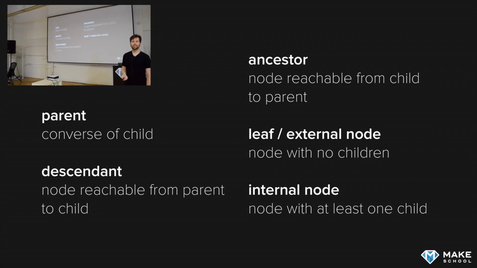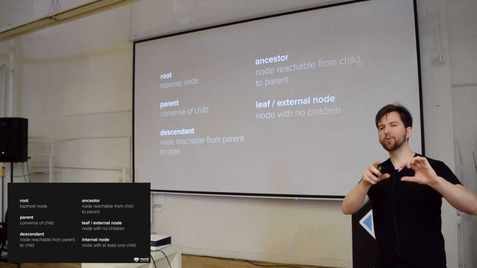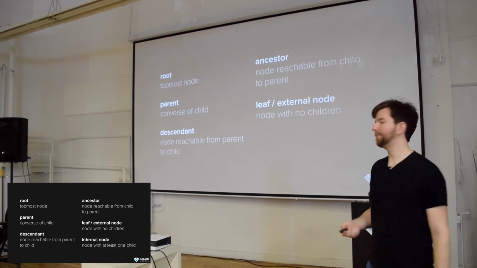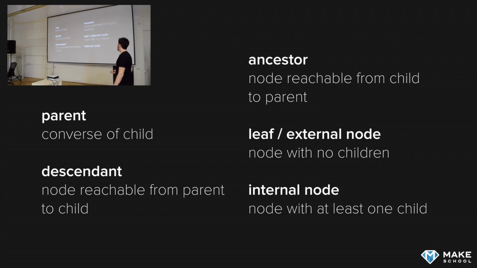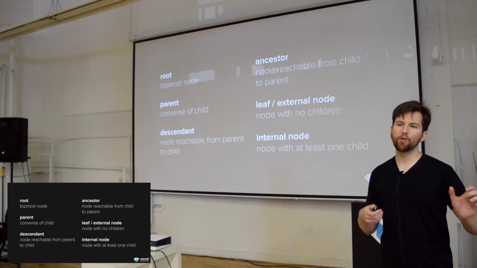A leaf or external node is any node with no children. So they're usually called leaves, the nodes at the very bottom of a tree that have no children of their own. An internal node is a node with at least one child, so it's the opposite of a leaf. So you're either a leaf or you're an internal node.